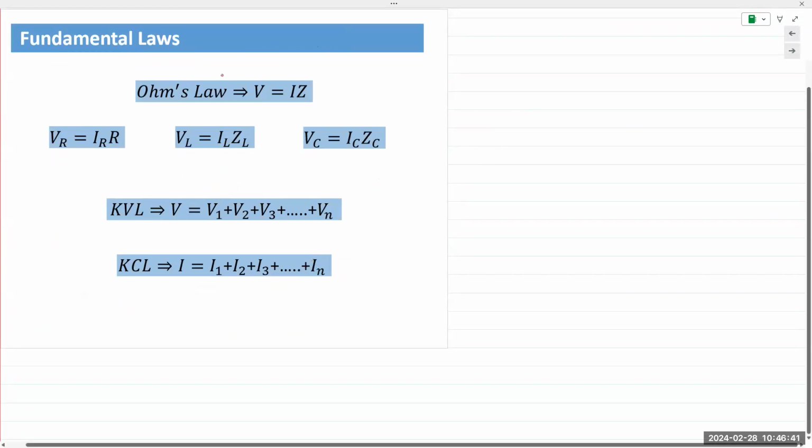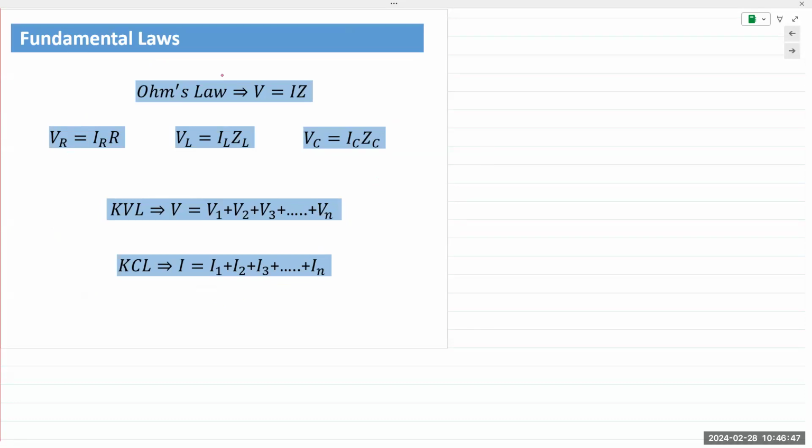I'm not going to ask students to do mesh current or node voltage analysis or superposition using complex numbers. We learned the techniques in chapters 1 and 2. Then we explain the concepts in this chapter, and we'll look at several problems, but most of them will be at the level of performing Ohm's law or KVL or KCL, not anything more than that.